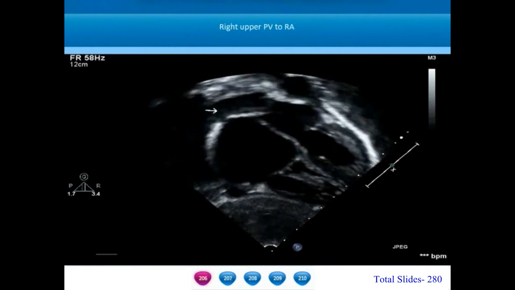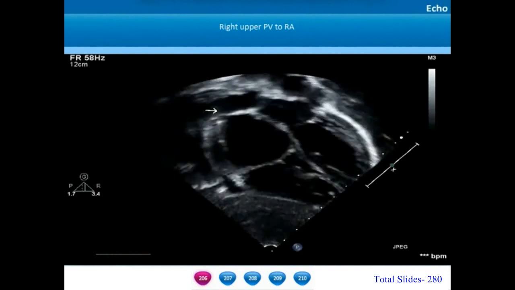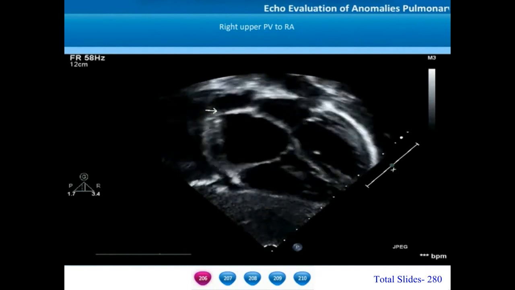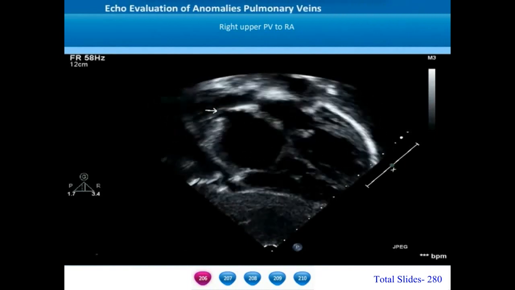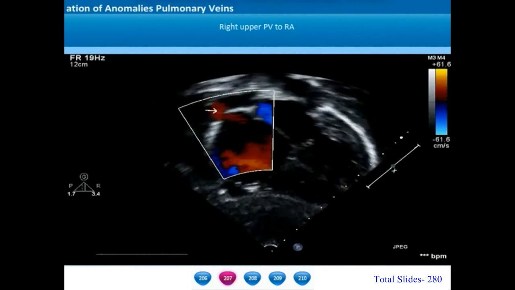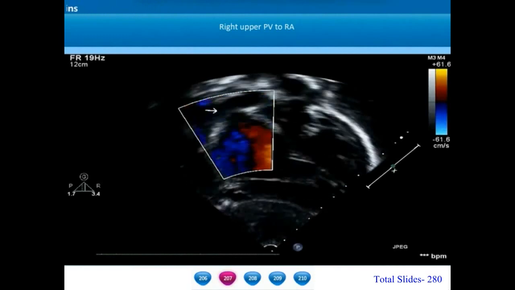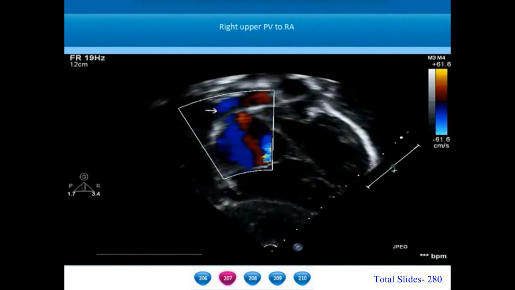On a superior sweep, we can appreciate the right upper pulmonary vein also draining into the right atrium. So this constitutes a hemianomalous pulmonary venous connection of the right-sided pulmonary veins towards the right atrium. On the subxiphoid coronal view, we can appreciate the color flow from the right upper pulmonary vein into the right atrium.